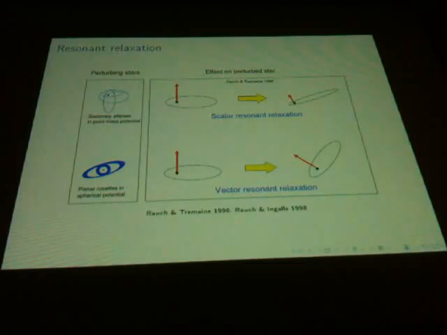And if you wait long enough, these changes, and they don't need to be very sharp, they just need to be substantially different from what they would do if they just followed the potential of the smeared distribution, all these small perturbations add up, and the orbits are randomized.